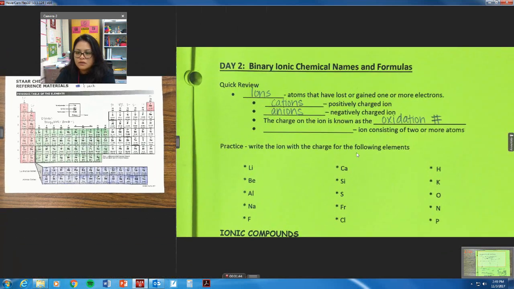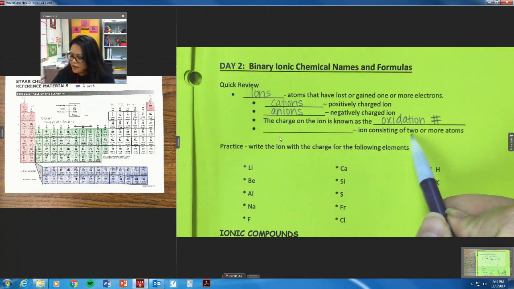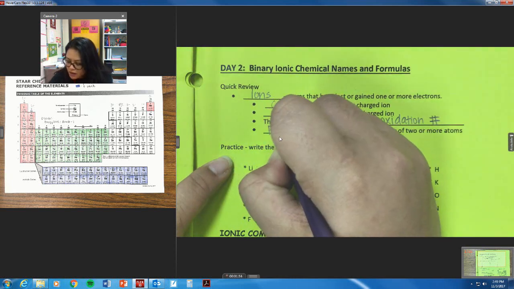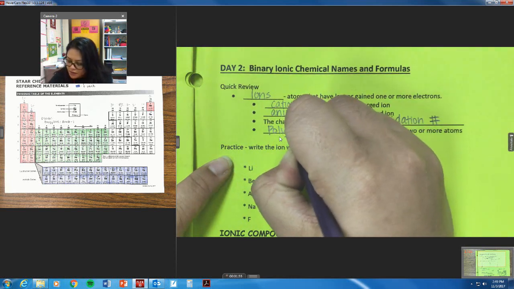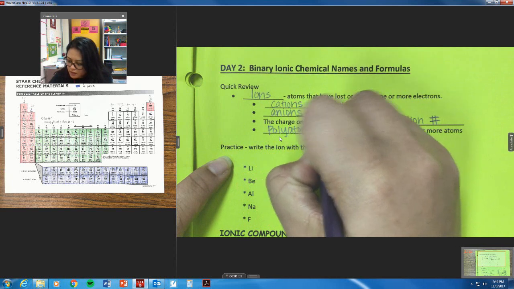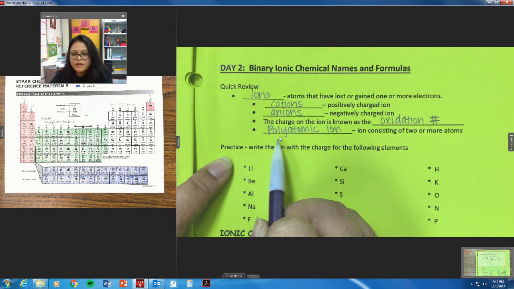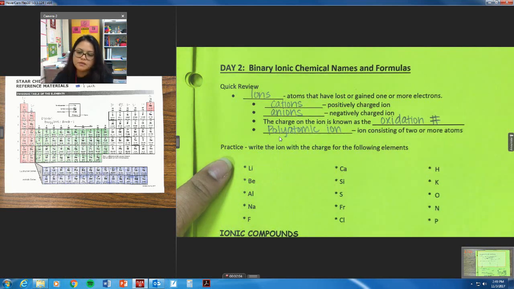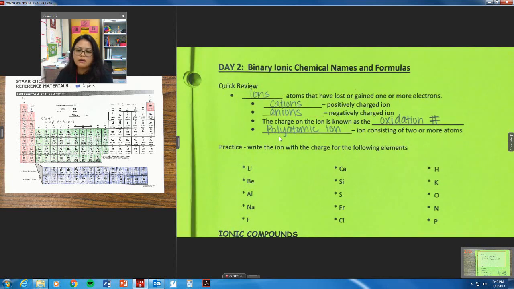And what is an ion consisting of 2 or more atoms? Well, that's called a polyatomic ion. The prefix poly means many, so many atoms. We have a polyatomic ion.